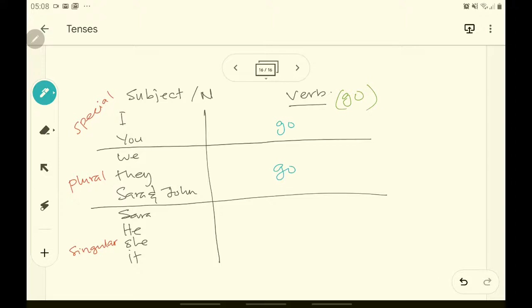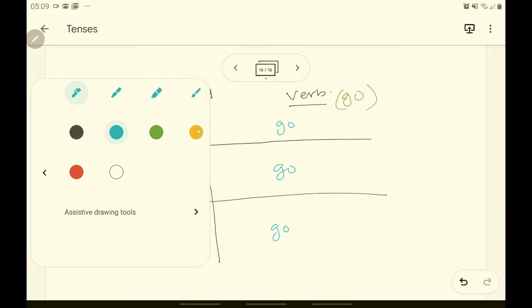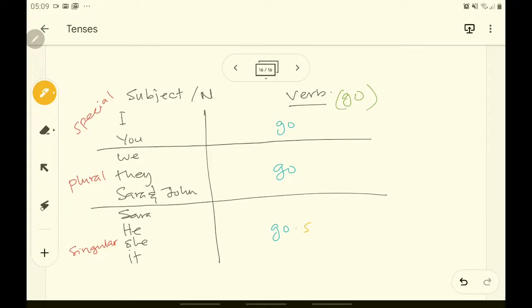But when it comes to singular, you have to make a slight change here. Go becomes goes. So you have to add es at the back.